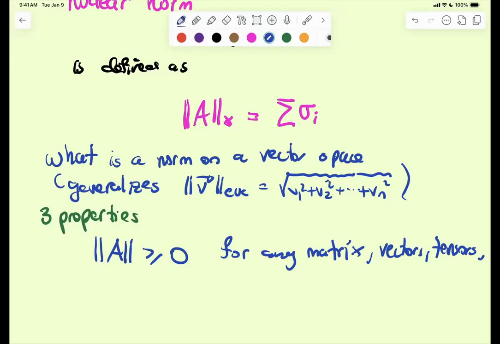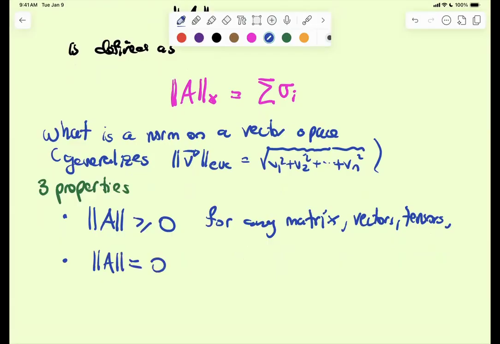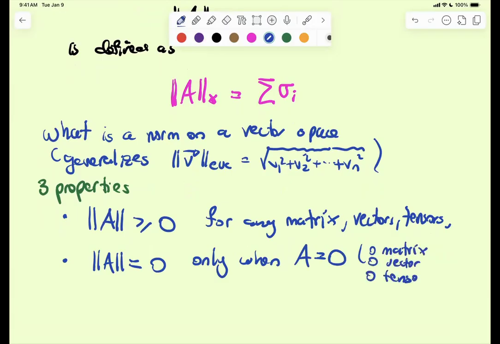The only one that has 0 norm is the 0 matrix, the 0 vector, etc. This is the first property, exactly, only when A equals 0. When I write 0 here, I mean the zero vector, zero matrix, or zero tensor, depending on what you're working with.